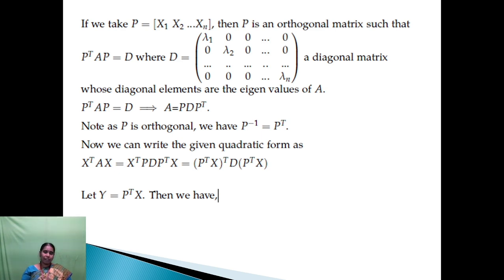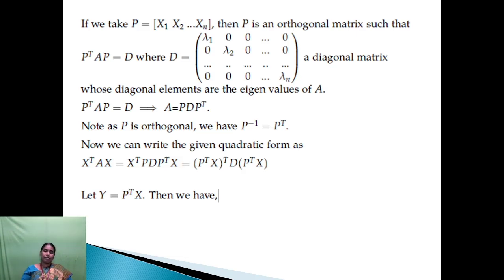Now, we can write the quadratic form x transpose Ax as x transpose P D P transpose x, where the first two factors can be taken as (P transpose x) the whole transpose, D, and P transpose x. Let us assume a new variable y and replace P transpose x by y.